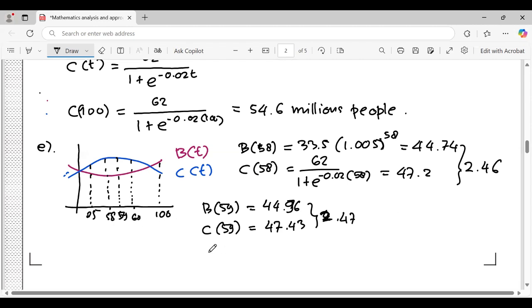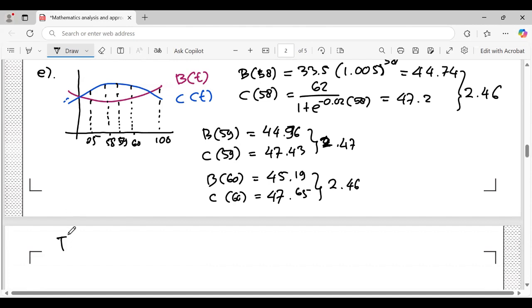If 60, B(60) is 45.19 and C(60) is 47.65, and the gap is 2.46. So the greatest gap occurs at 59.